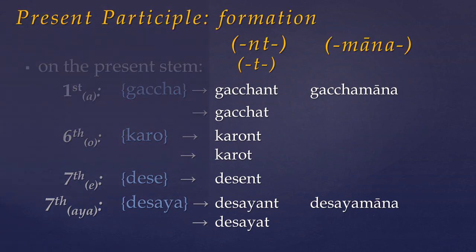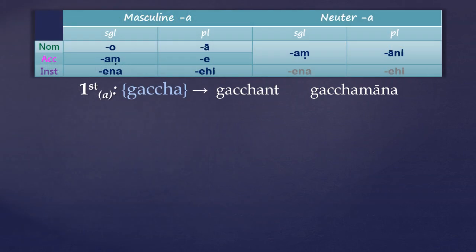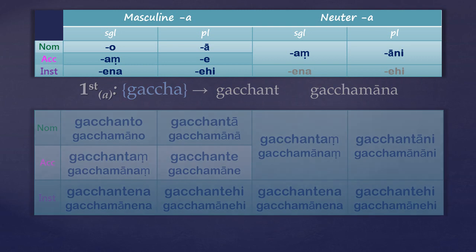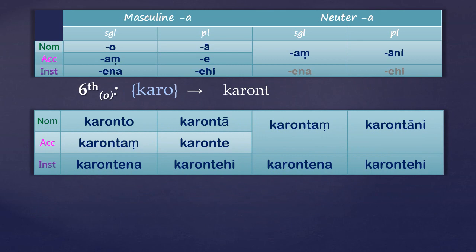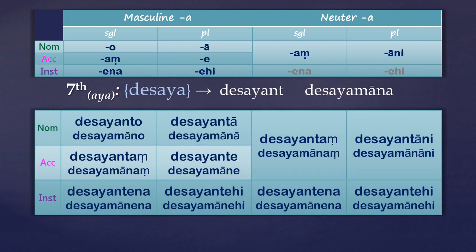And remember, these are just the base forms, which are then declined just like all adjectives, to agree with their noun in gender, case and number. So if we now look at the case endings we've seen so far for masculine and neuter nouns, we can generate partial paradigms as the nt and mana present participles are all declined like a-stem nouns.